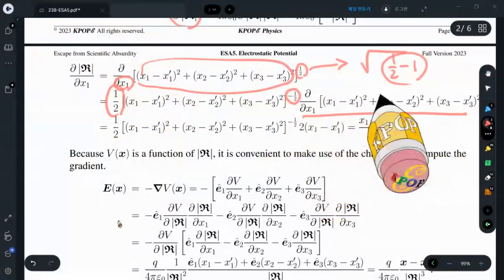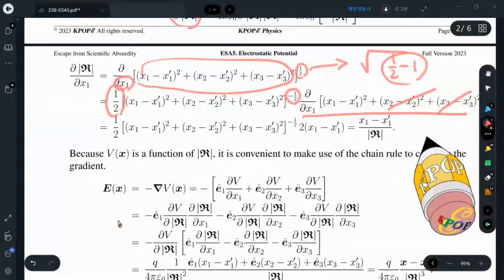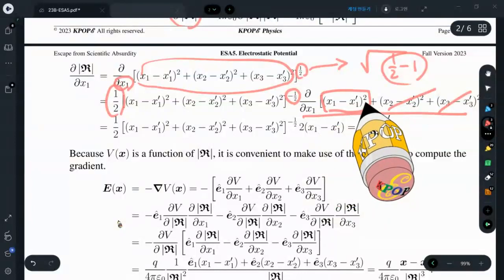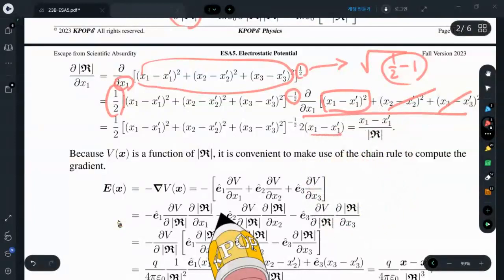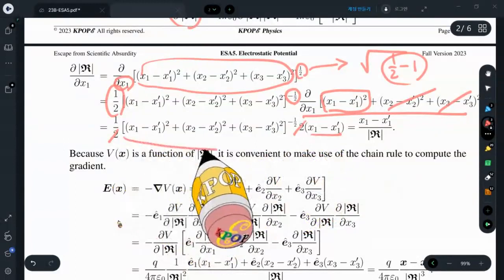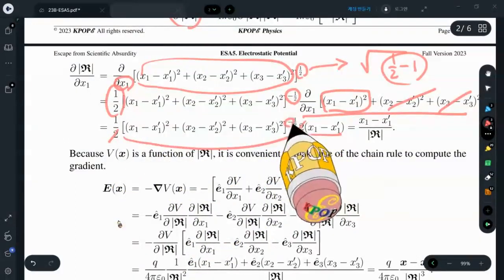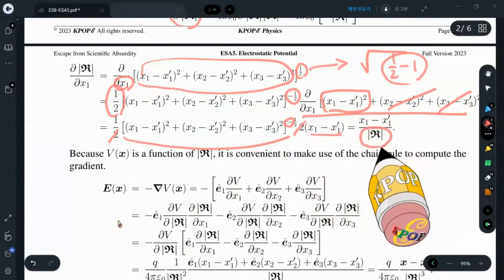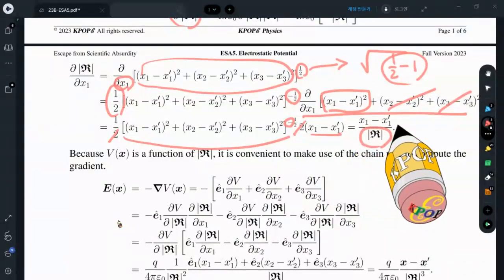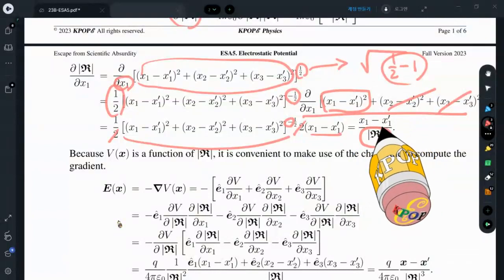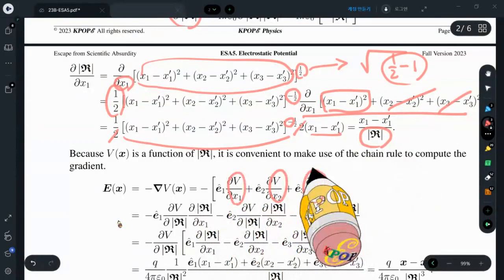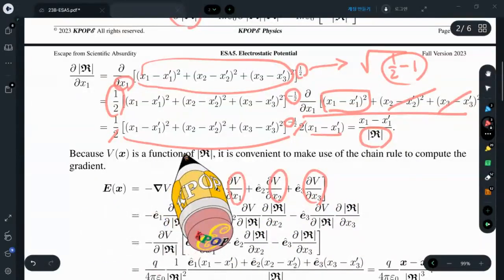So this one vanishes and only this contribution survives, and that is a factor of 2, and then this. So the 2 cancels, and what we have is this in the denominator because of the negative sign, and the numerator is the difference x1 minus x1 prime. In a similar manner, we can compute all of the contributions for the Cartesian components.